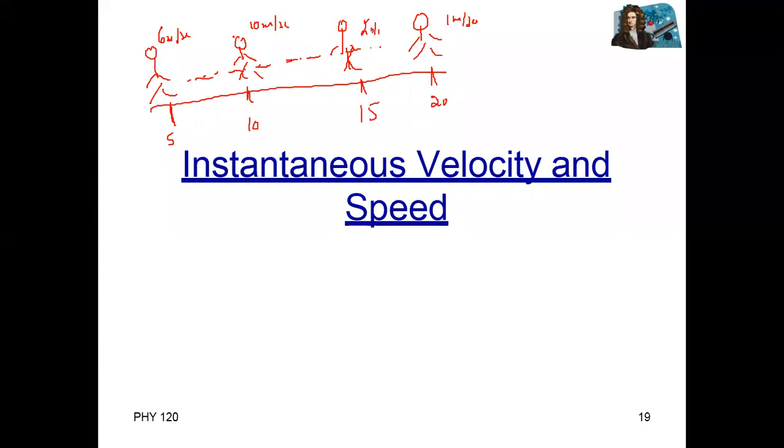So at some fixed instant of time, your speed is called what? Instantaneous speed. For example, what is your speed after 5 seconds? When you say one point, like 5 seconds, that velocity is called instantaneous velocity or instantaneous speed.